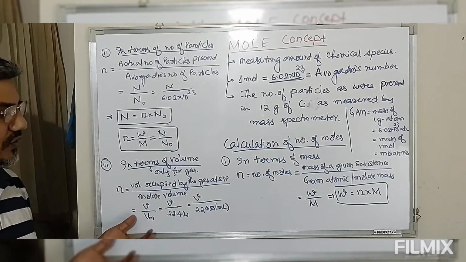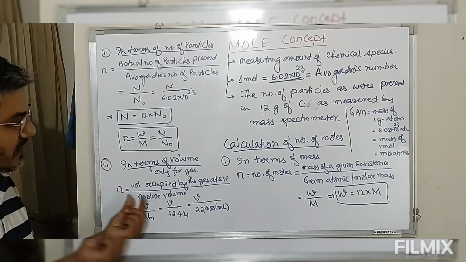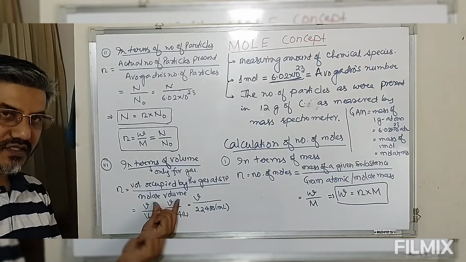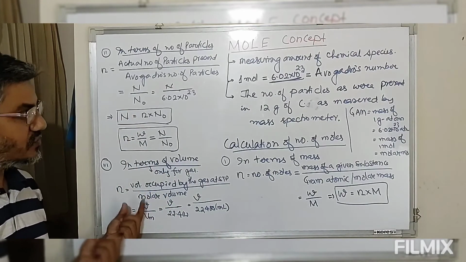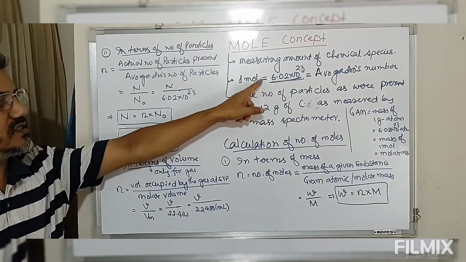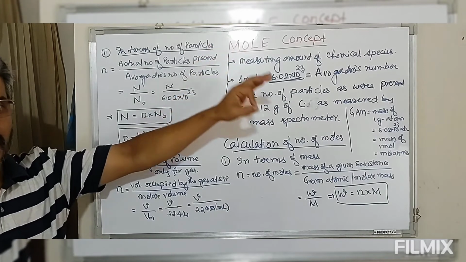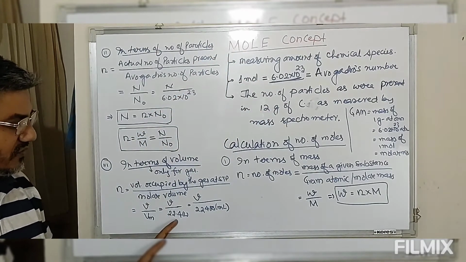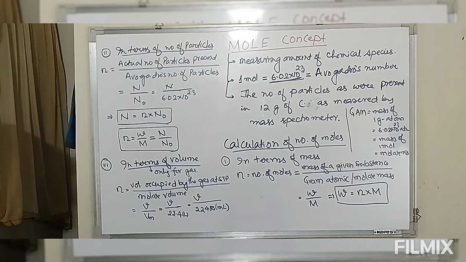So once we have the volume occupied by the gas at STP, we can define this, because molar volume is always a constant that we have defined in Avogadro's law. So volume occupied by 1 mole, this much substance will always occupy a volume of 22.4 liter at STP. So we are using this STP condition.